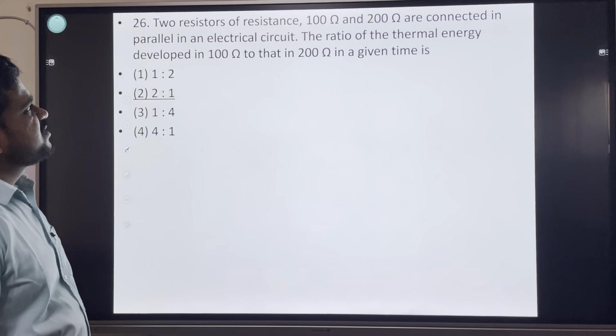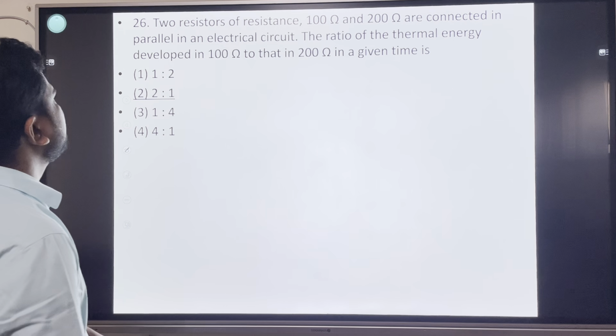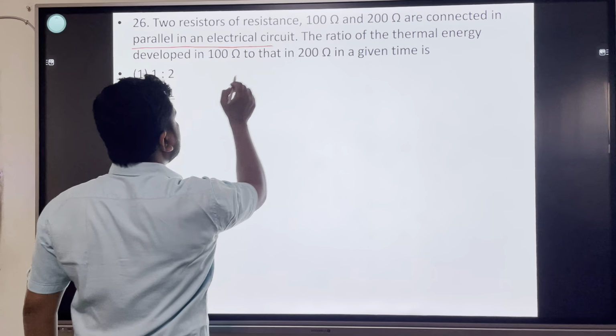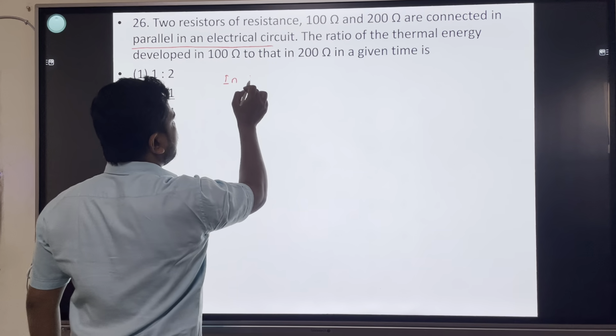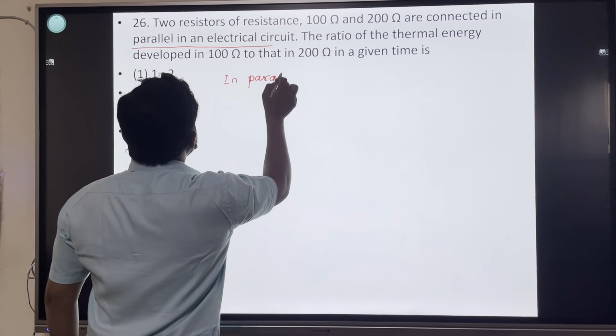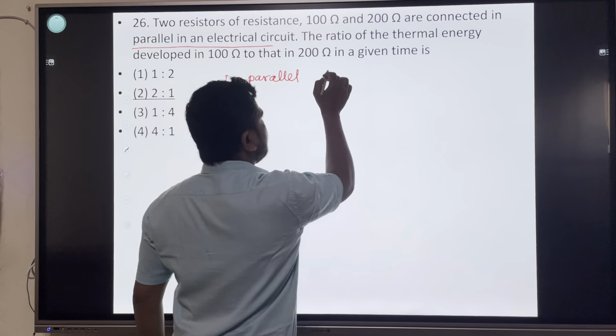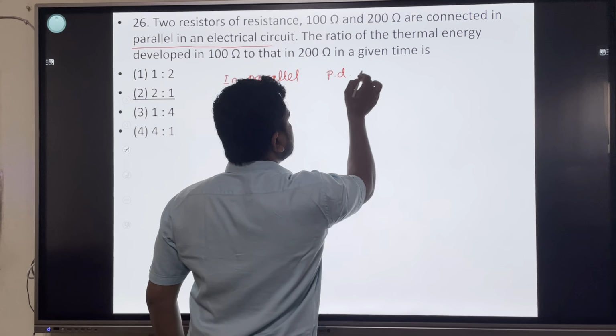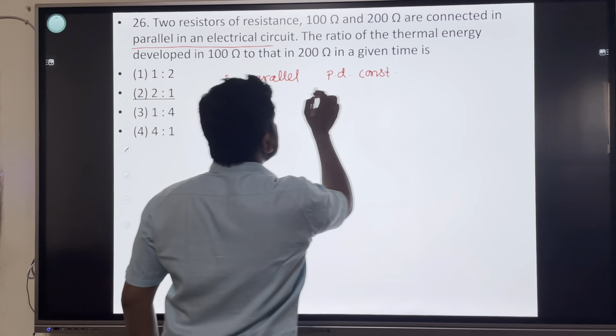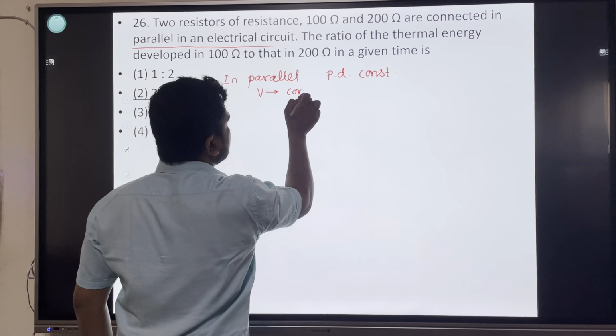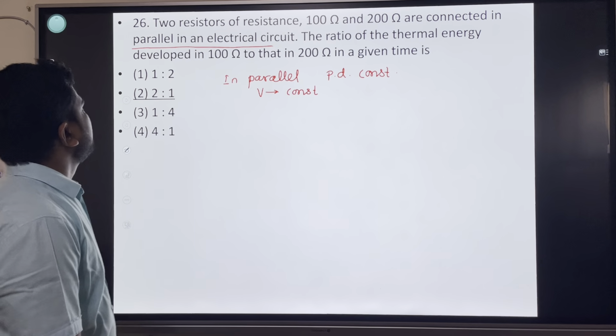Two resistors of resistances 100 ohm and 200 ohm are connected in parallel. In parallel, potential difference is constant. Potential difference V is constant. The ratio of thermal energy.